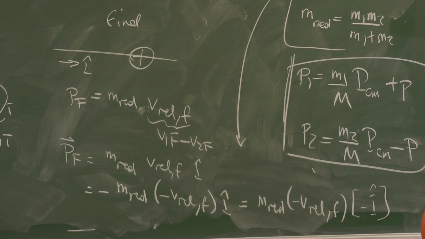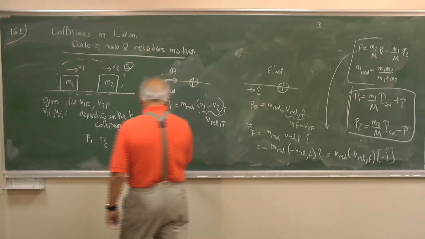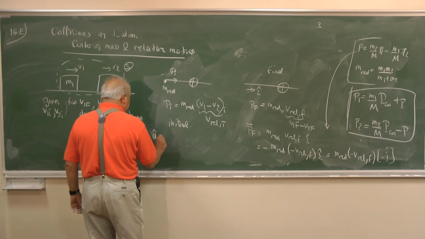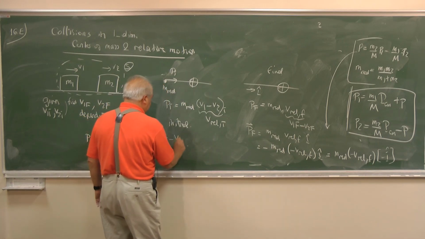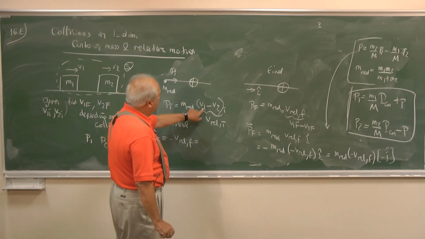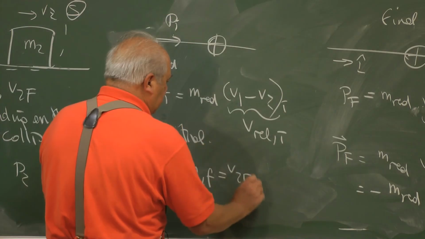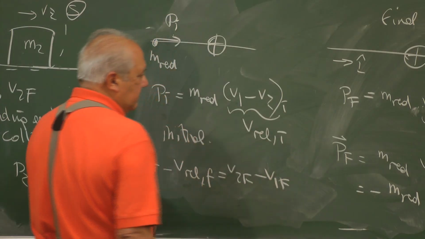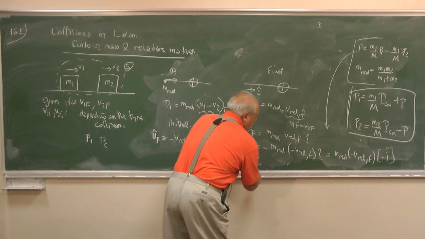And let me define UF tilde. UF tilde definition is minus V relative F, which is, this was V1I minus V2I. So this is V2F minus V1F.